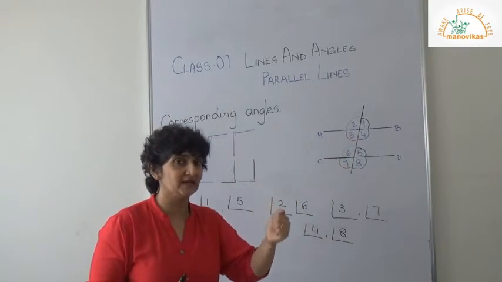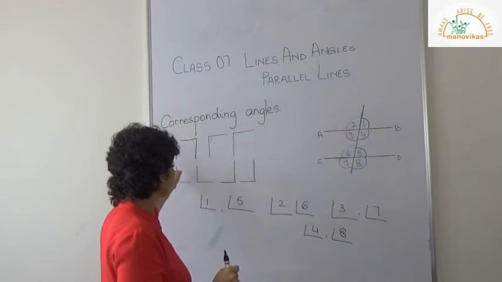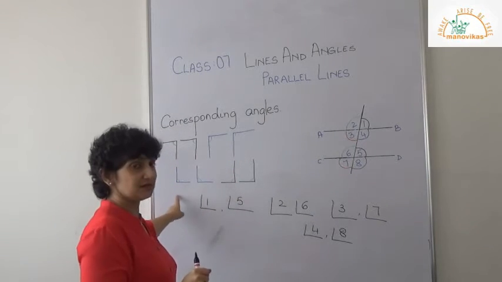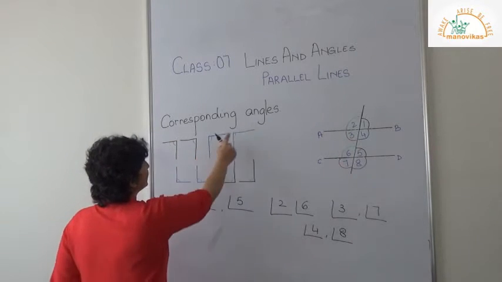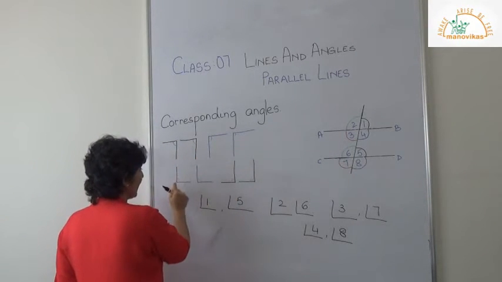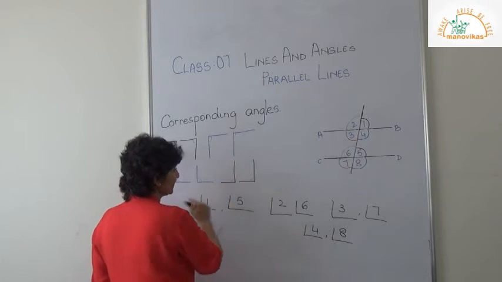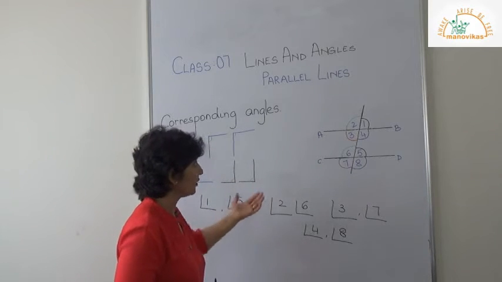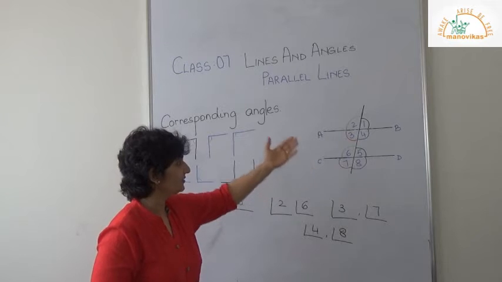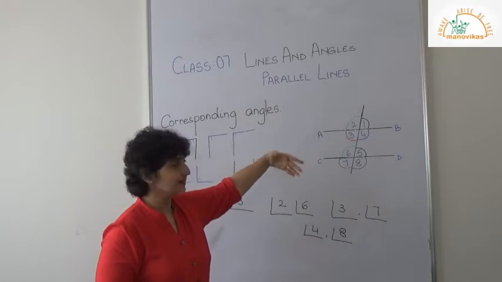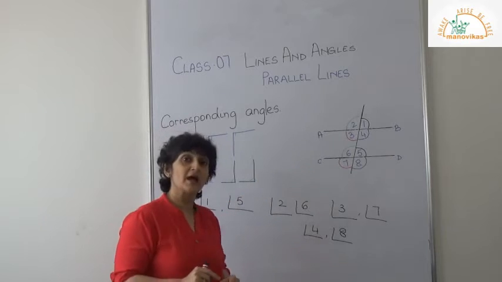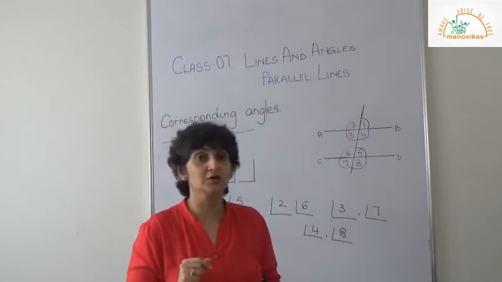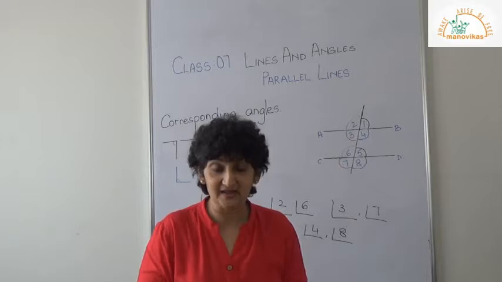Next, corresponding angles. When we say corresponding, please remember these shapes. 7 if you have and the mirror image of 7. L you have and the mirror image of L. So here we have found out angle 1, angle 5, angle 2, angle 6, angle 3, angle 7, angle 4 and angle 8.